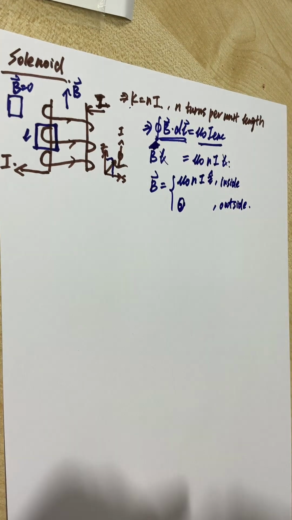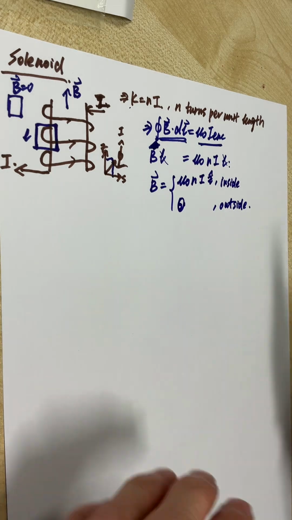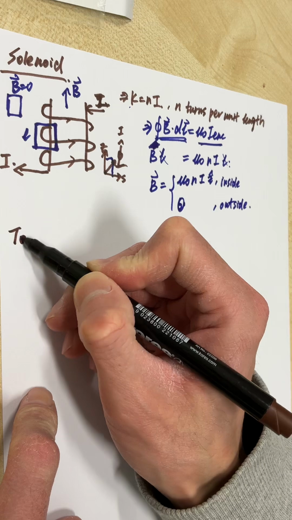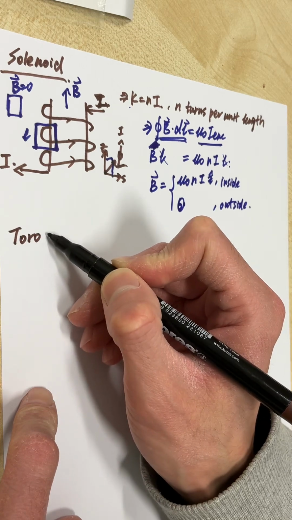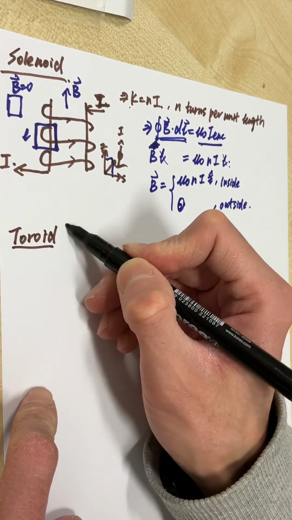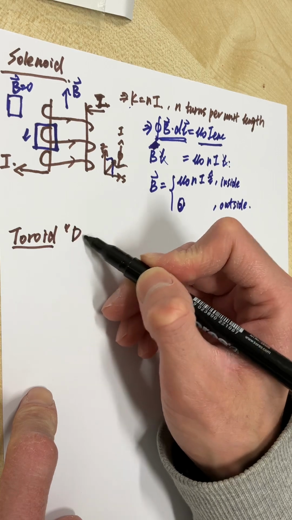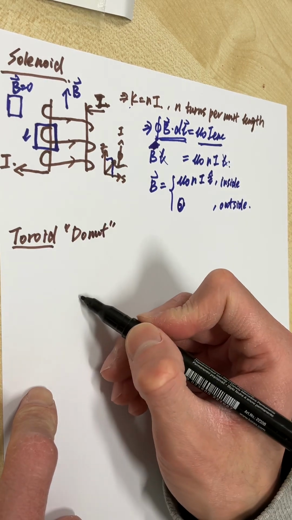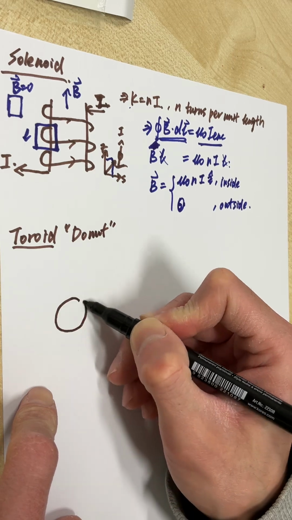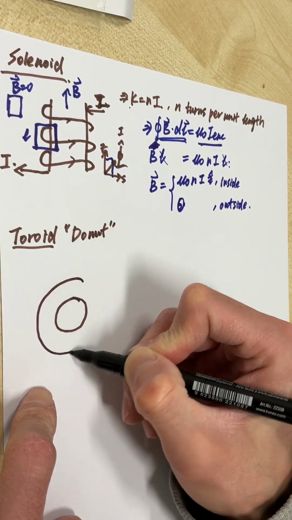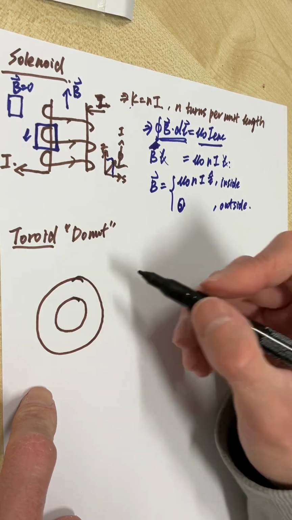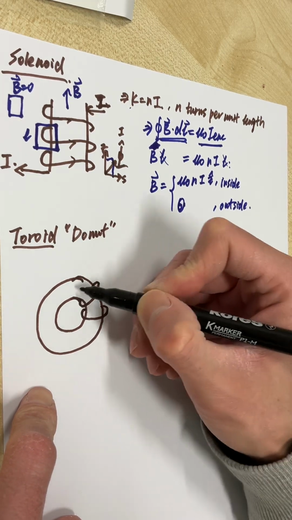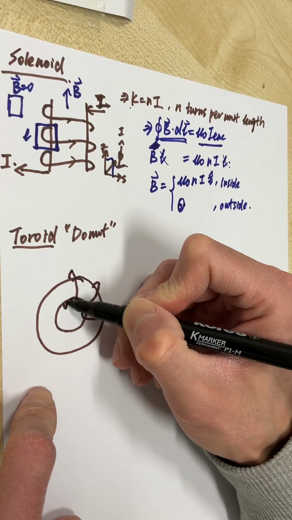Okay, one last example, a very interesting example. We have a toroid, which is also known as a donut shape. So imagine we have a 3D donut shape here, and then the wires surround this structure like this.